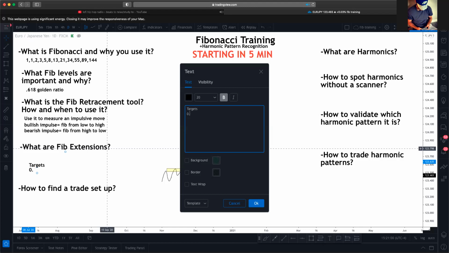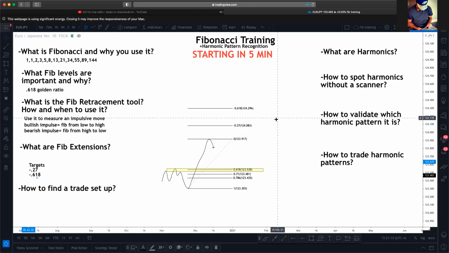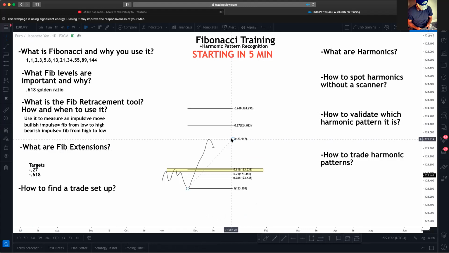The negative 61.8 is the TP2. So the first one is the negative 2.7 and then the negative 61.8. So you look at it like TP1, TP2. And if you really want to look at it, you can do TP1, TP2, TP3, okay?